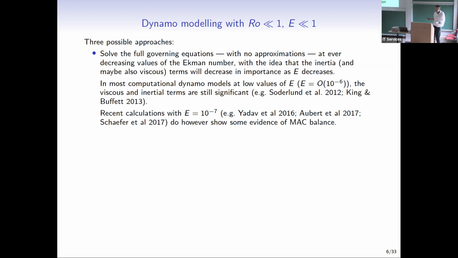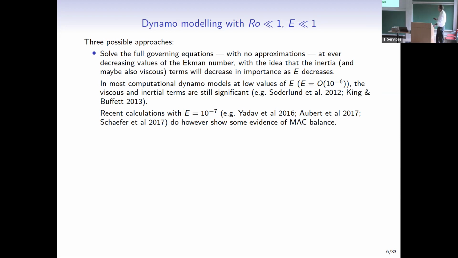You can reduce the Ekman number, for example. Obviously the trend has been to keep reducing the Ekman number. These heroic calculations can get down to about 10 to the minus 7 possibly. And the hope, of course, is that they will start turning into the Earth-like regime.